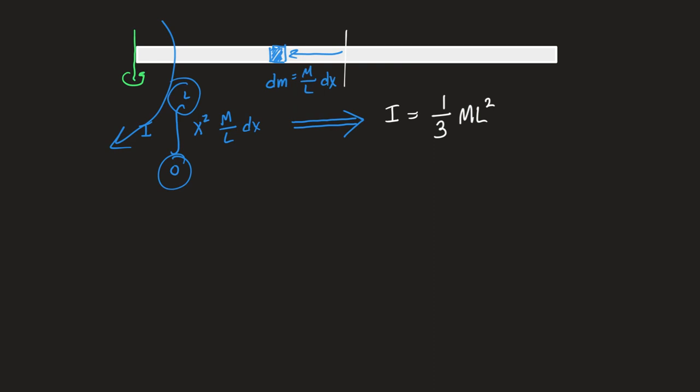Now, we have the moment of inertia about the hinge. Now, we could shift to another axis, say here, using the parallel axis theorem. But we couldn't put a peg in a door here and spin it this way and use the parallel axis theorem, because that axis is not parallel to this axis. Does that make sense?